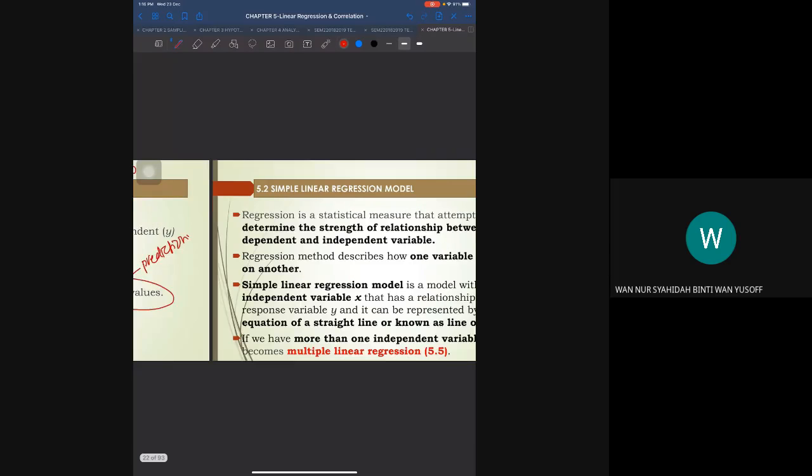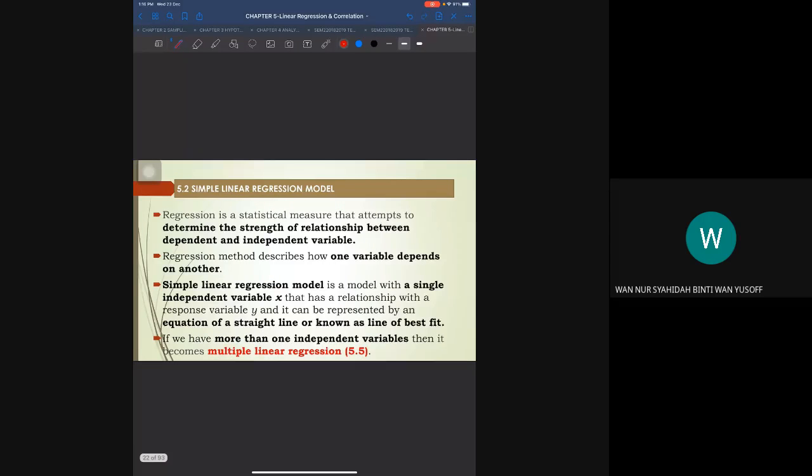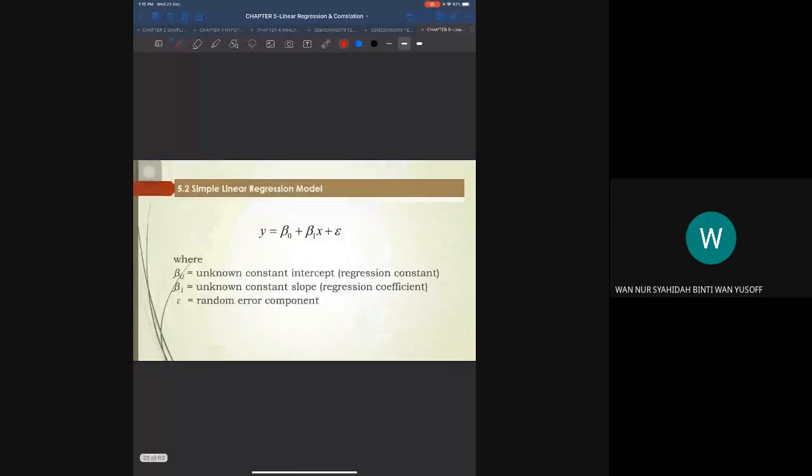What is the model? This is the general model of simple linear regression. You have Y, the dependent variable.